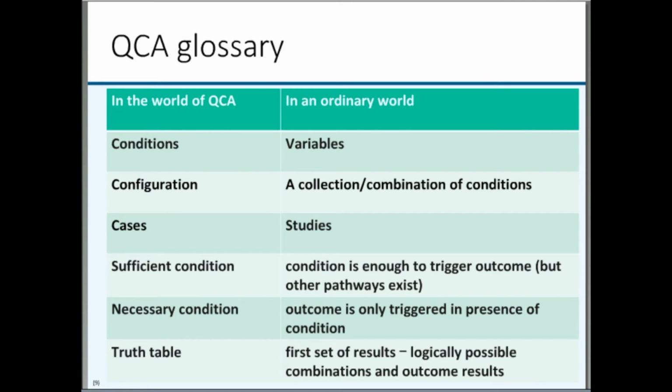We've also covered sufficient conditions, so where the condition is enough to trigger the outcome, but there are other routes to achieving that outcome, and necessary conditions, where the outcome is only triggered in the presence of that condition. A truth table is one of the most important analytical tools within QCA. This will be something that Katy is covering in the second half of this presentation, but it displays the first set of results, and it displays the logically possible combinations of conditions and the extent to which they map on to the outcome set.